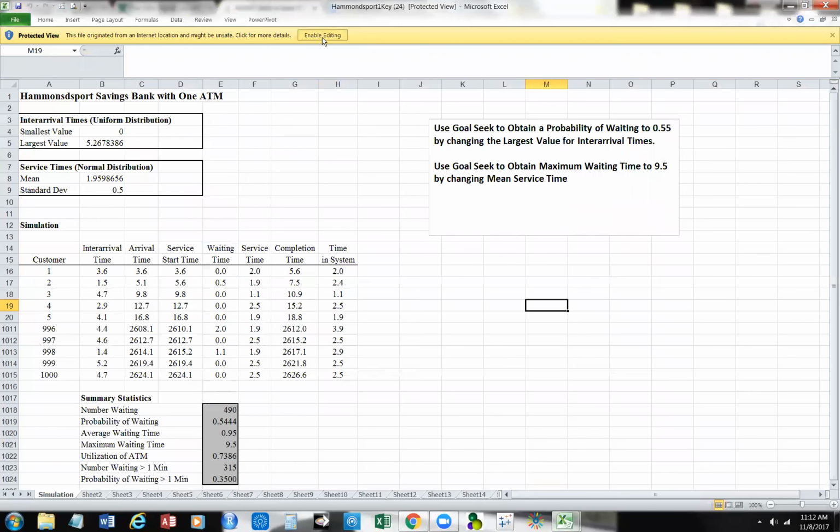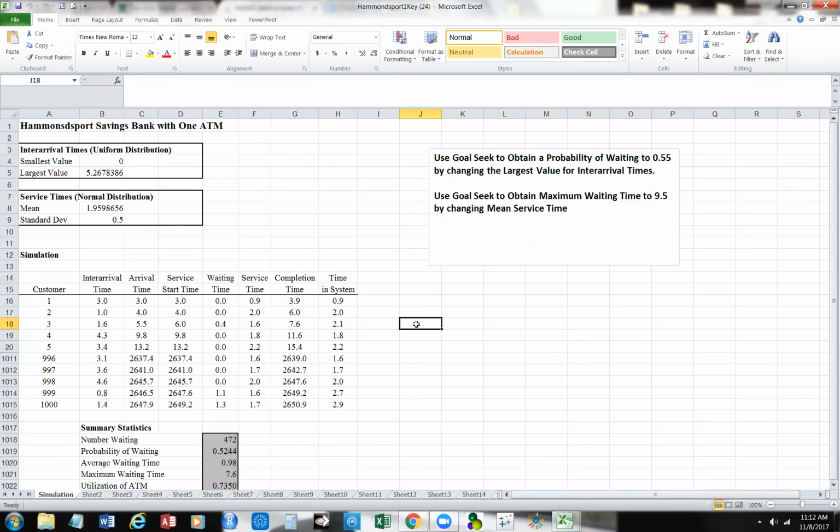All right. And you say, well, where's the randomization? Well, here we are. Notice what we've got going on. We've got the smallest value plus a random value times B5, which is the largest value, minus B4.